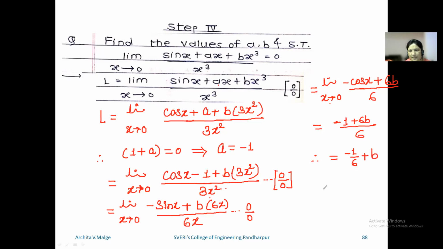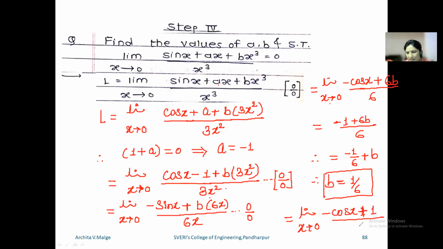It is simply b. Therefore, b is equal to 1 by 6. So once again, we are keeping b equal to 1 by 6. So limit x tends to 0 minus cos x plus 6 into 1, it is plus 1 divided by 6.